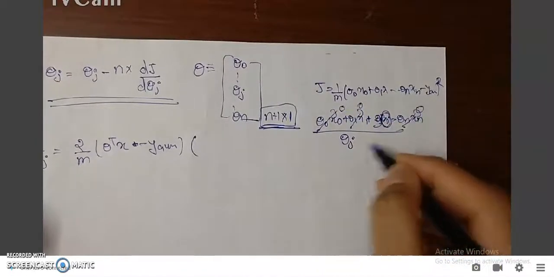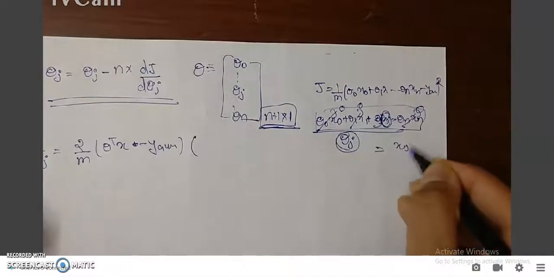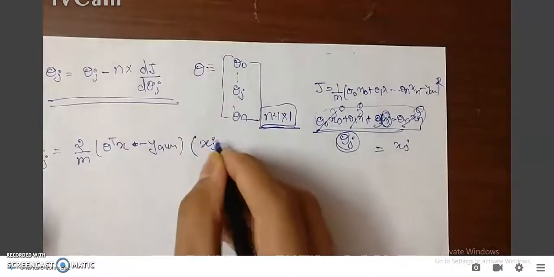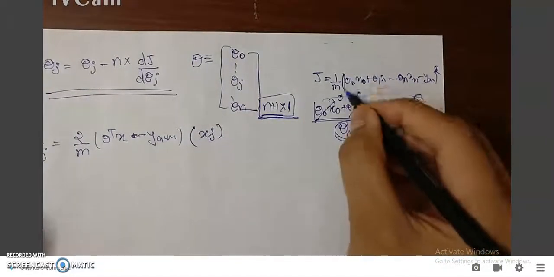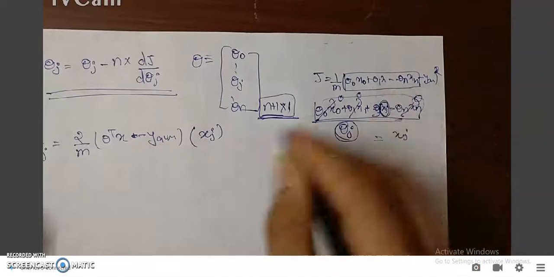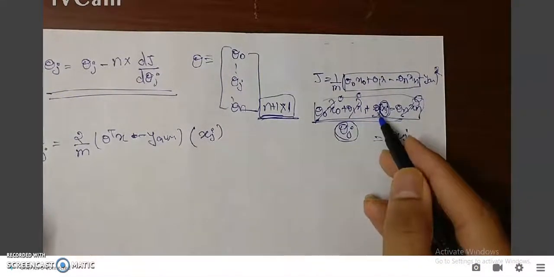The differentiation of this particular equation with respect to theta j would be xj, right? Because the differentiation of the whole equation would be only the coefficient of xj.